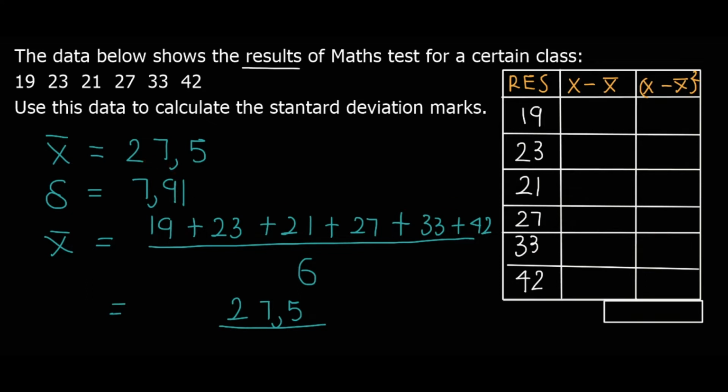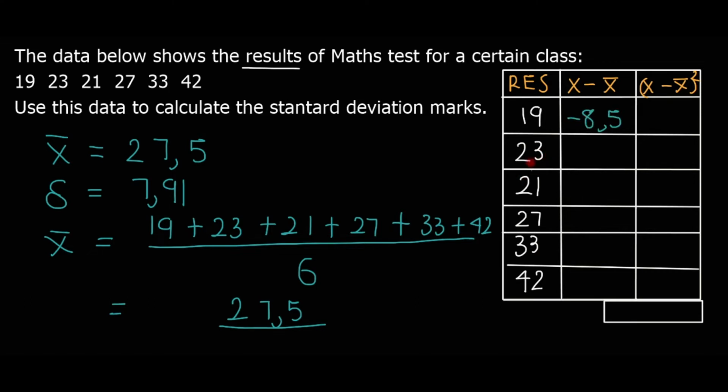So from there, I go this way, x minus the mean. So 19 minus 27.5 gives negative 8.5.